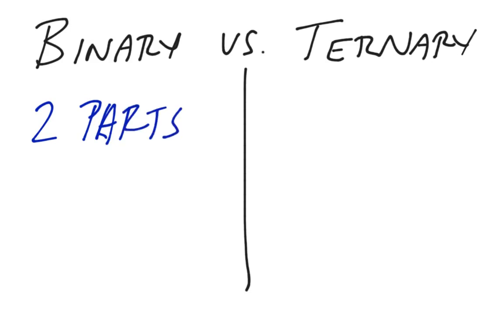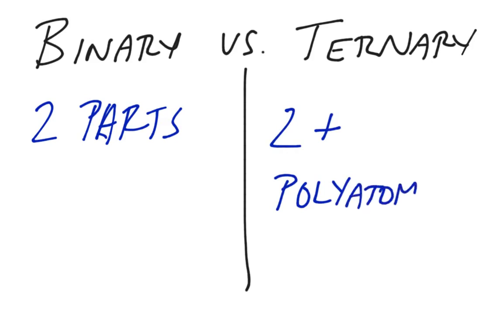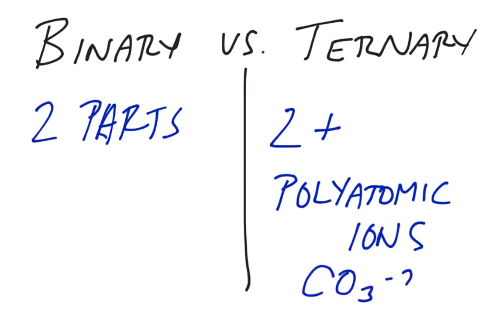A ternary is more than 2, so it's 2 plus. And typically this involves something that we're going to talk about down the road called a polyatomic ion. Polyatomic ions are simply clusters of atoms together that form one overall charge. One example would be CO3 with a negative 2 charge. We'll talk more about this later.